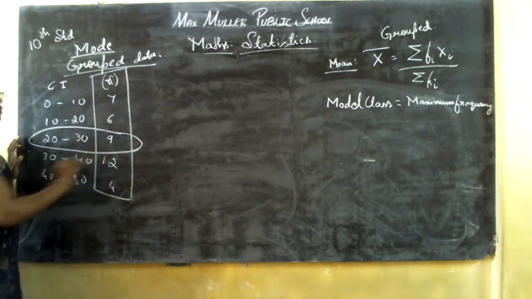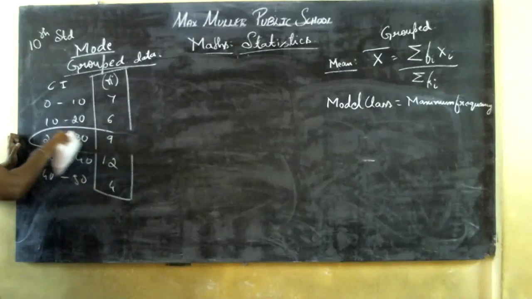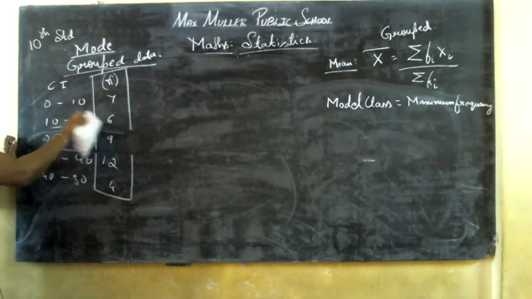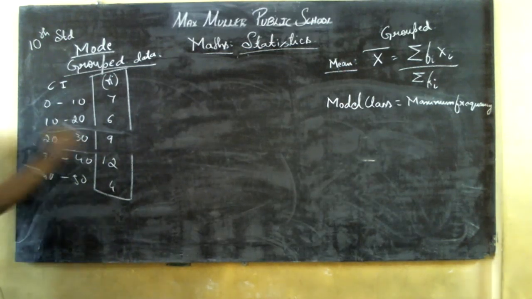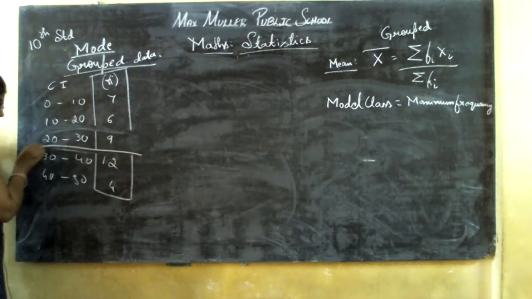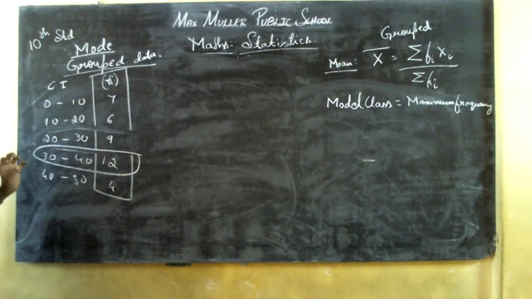If the next frequency was 12, which is the modal class? What are you going to take? The modal class you take is 12, which has the highest frequency. Did you understand how to choose the modal class?